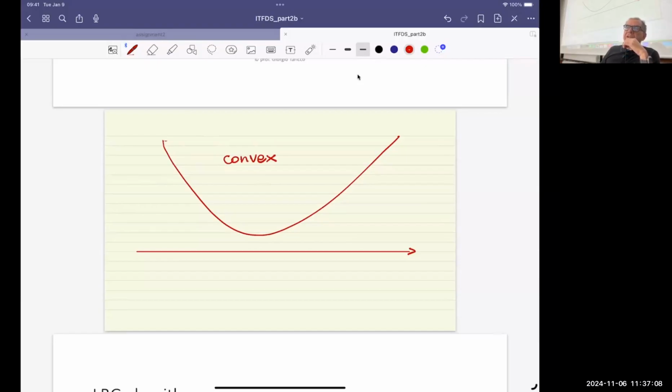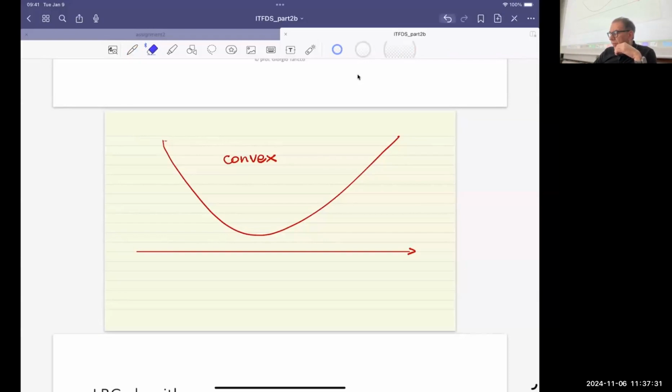When a function is concave, that is the convexity turned upside down, then there is a single global maximum. We cannot say anything about the maxima for a convex function, of course. But for the minimum, we can say that there is a single global minimum.